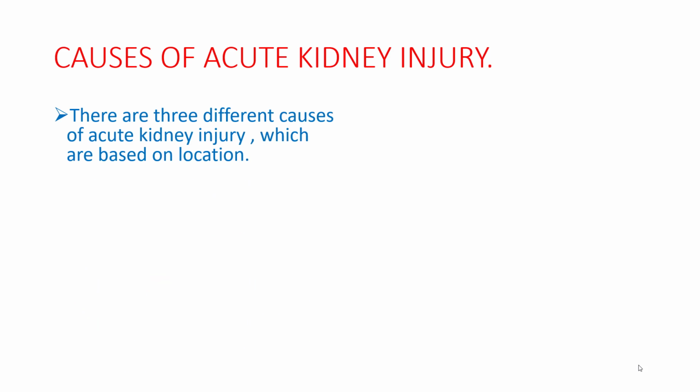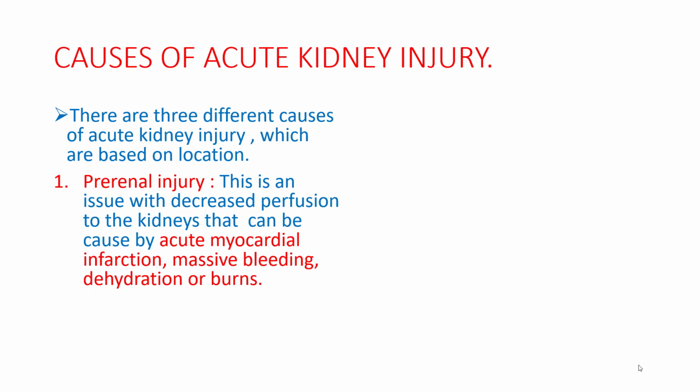So we have 3 different causes of acute kidney injury, which are based on location. We have pre-renal causes which occur before the kidney, intrarenal causes which occur in the kidney, and post-renal causes which occur after the kidney. First, let's start with the pre-renal causes or pre-renal injury.